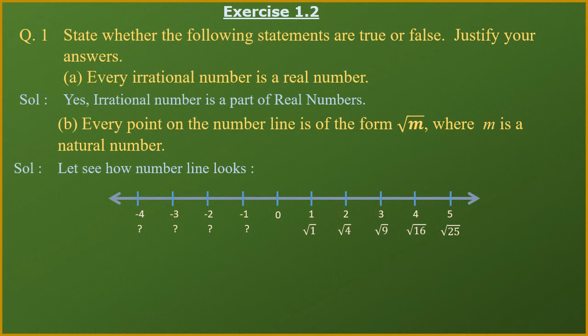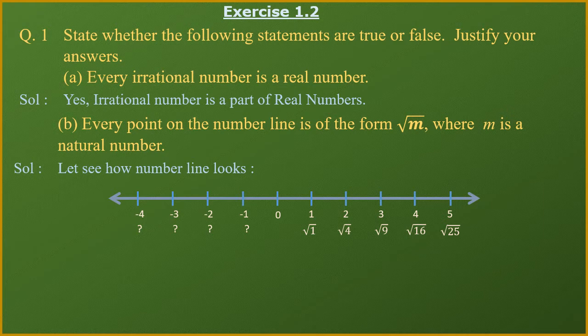Okay, 1 I can say is the square root of 1, means in place of 1 I can write under root of 1. Similarly I can say 2 is the square root of 4, 3 is the square root of 9. Means any natural number I can express in the form of square root of some other number.